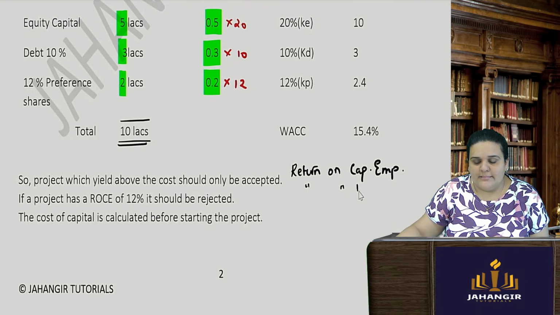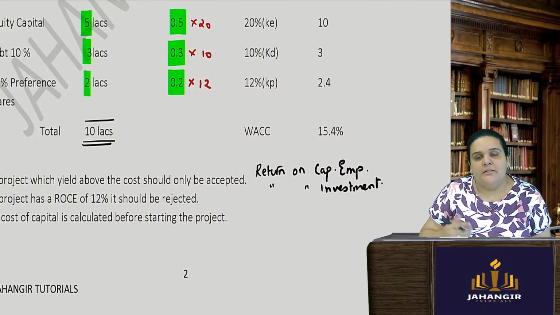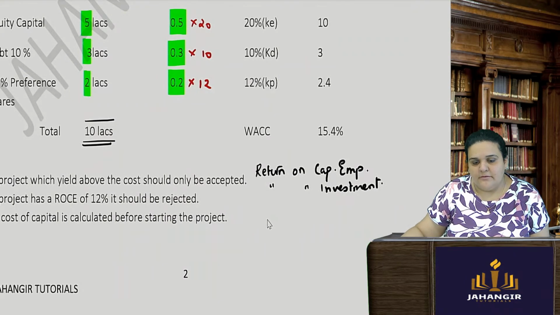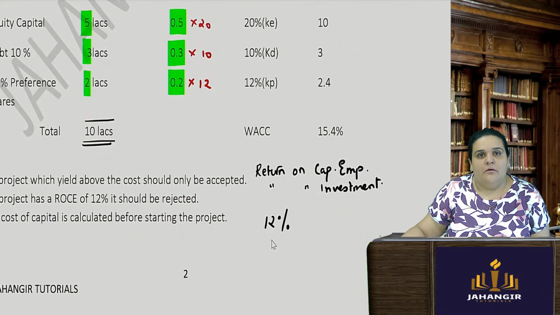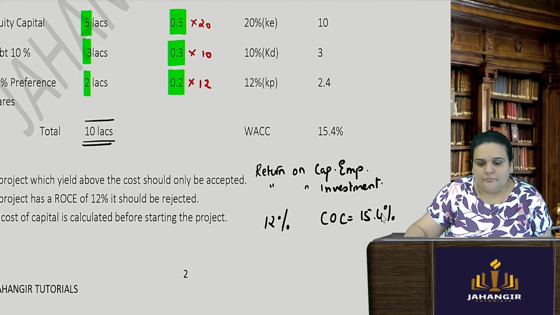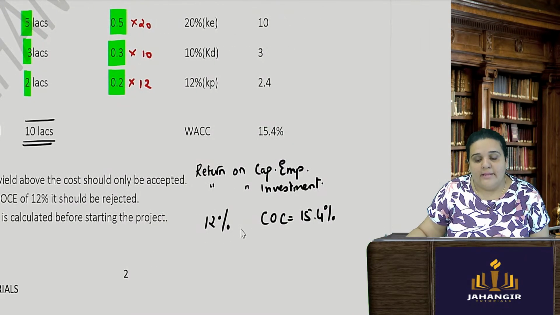If that is more than the cost of capital, the project should be accepted. So in this case, my return is 12%, but my cost of capital is 15.4%. So in this case, it should be rejected. My return is way less than my cost.